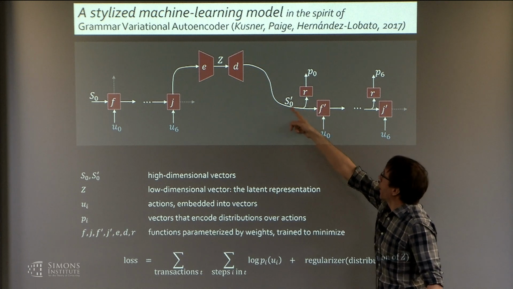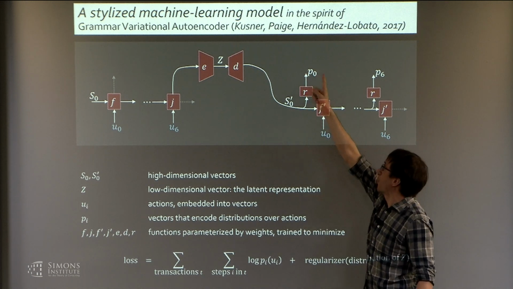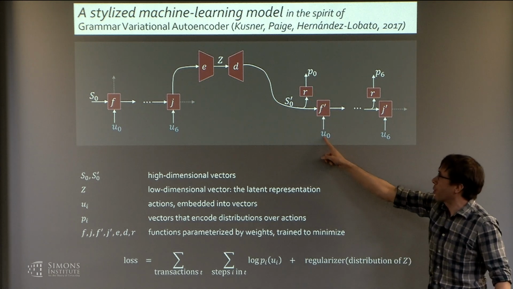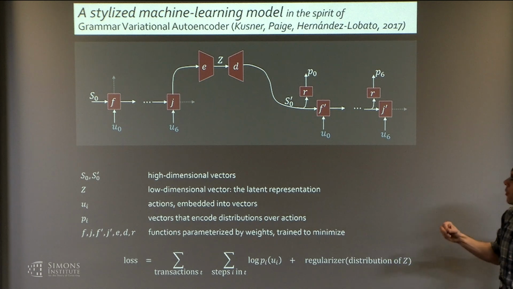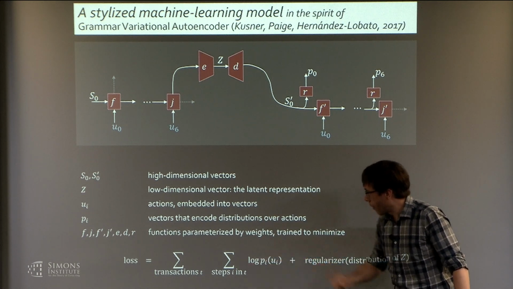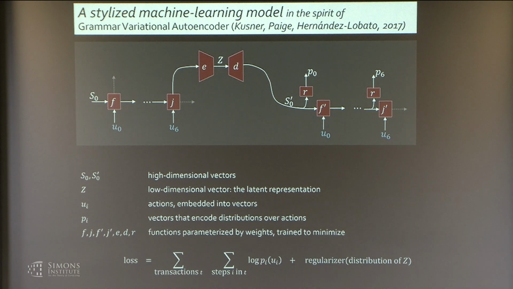For example, here I'm going to treat P naught as a probability vector over possible actions, and I want P naught to have a high entry for the actual action which it's meant to produce. You define a loss function which says, I want to maximize the probability of producing the output I actually saw. So this is an autoencoder.